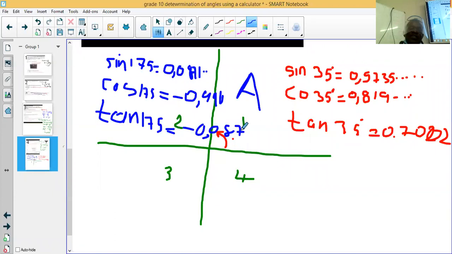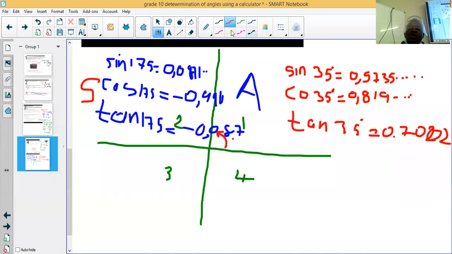Right, and so on and so forth. Now, when you look at this one, you are realizing that here it is negative, and here is negative. So which one is positive? Only sine, right? In the second quadrant, it's only sine that is positive. In the first one, all of them were positive.